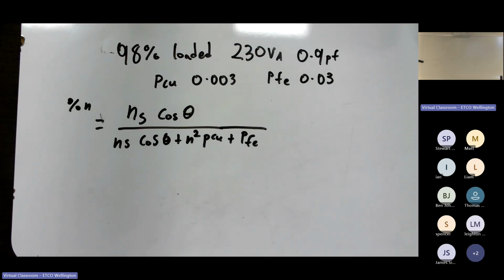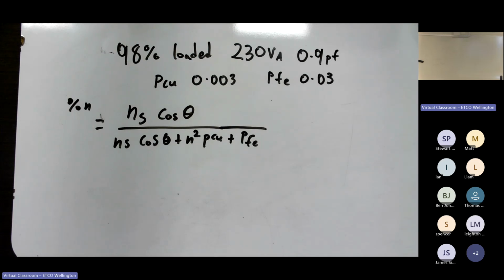Other than N1 over N2 equals V1 over V2 equals I2 over I1, this is the only formula you're going to be given for the EWRB exam. And P out over P in times 100 equals percentage, and your regulation. So you get a few of these formulas that we're looking at.